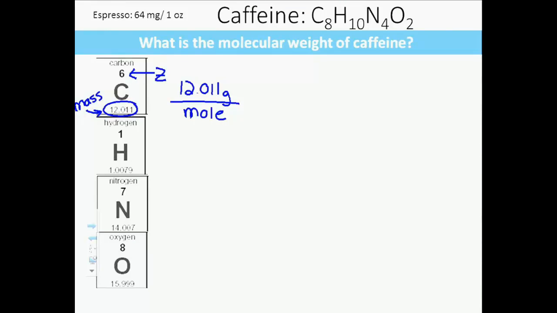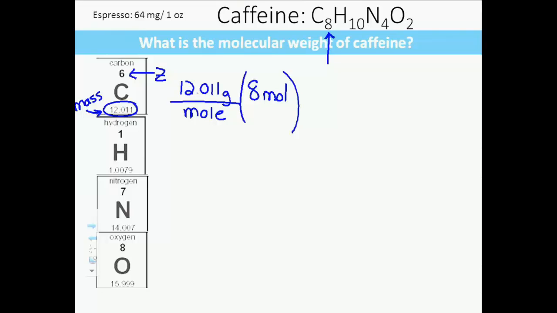So per mole, what that means, if we have 1 mole of carbon, we can expect the carbon to weigh 12.01 grams. So if we have, for instance, in caffeine, if we have 8 moles of carbon, then how much would we expect the weight to come from carbon? So if we have 8 moles, let's multiply this by 8 moles.